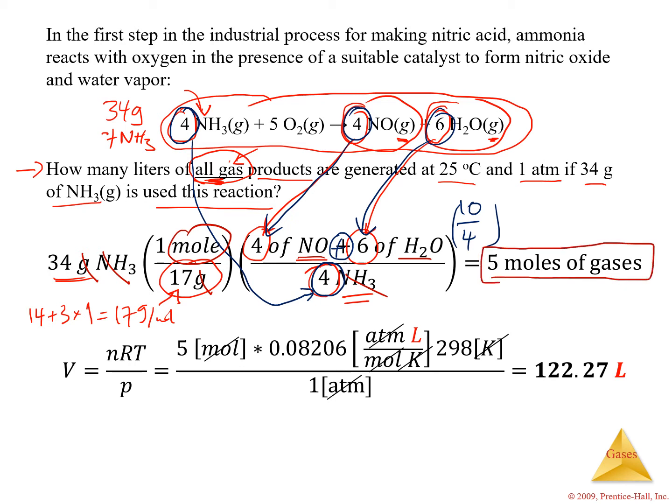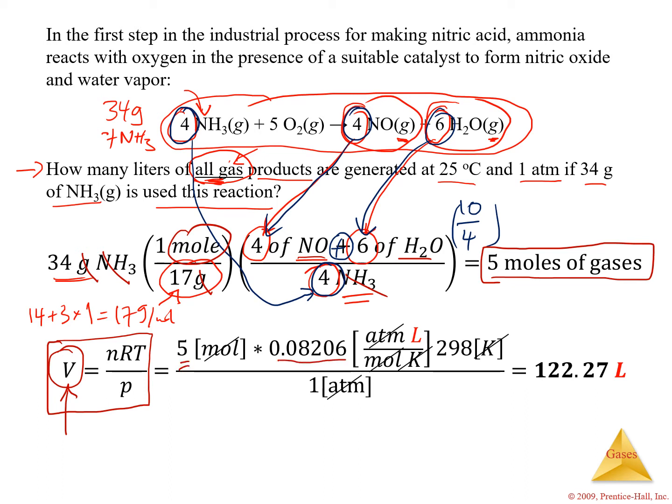Okay, and then of course for the volume, we're going to apply PV equals nRT rearranged to calculate the volume. So we have 5 moles of all gases which are produced.